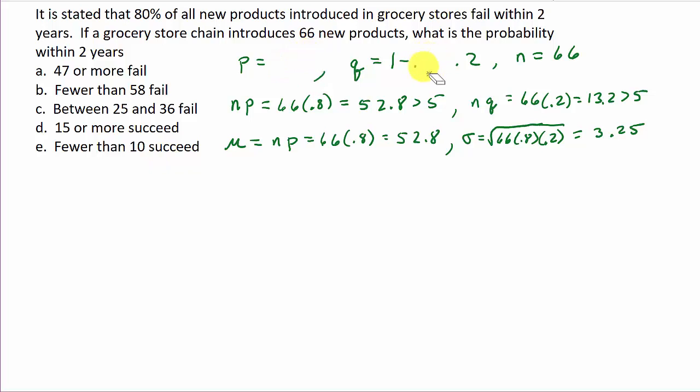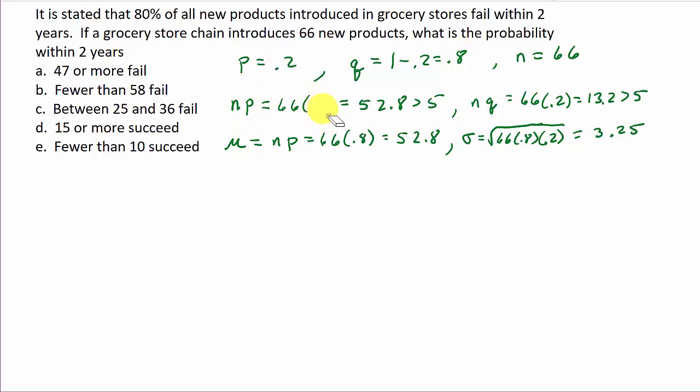So what that does is that is changing all of this. Since a success is for it to succeed instead of failed, the probability of success is 0.2. So p is 0.2 now. Let me write that in green. 0.2, and then the probability of failure, q, is 1 minus 0.2, which equals 0.8. Now we've got to find n times p.